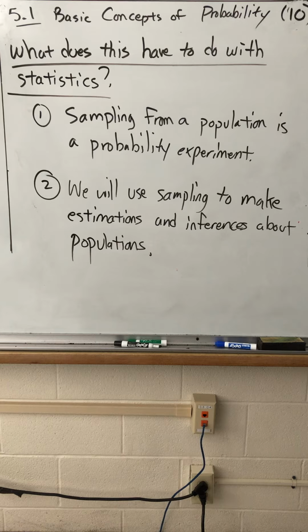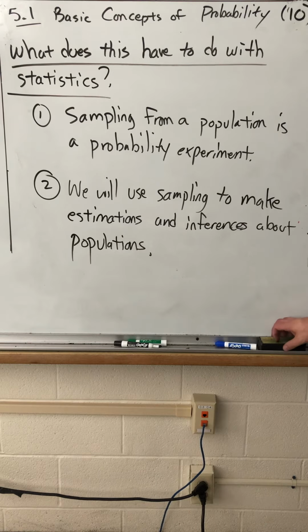The reason inferential statistics is important is because populations are usually too large or too dynamic to measure accurately. Therefore, we measure samples and use statistics based on probability to make inferences and estimations about populations.